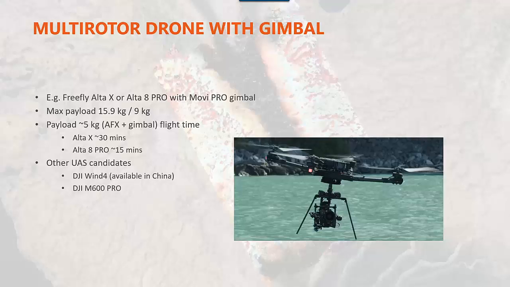We have used DJI drones in the past, but now there are some question marks at the end of them because there have been some challenges on the availability and delivery of them. Last spring, we learned that both Wind 4 and M600 were put to end of life, but then suddenly at the end of the summer, they became available again in China.